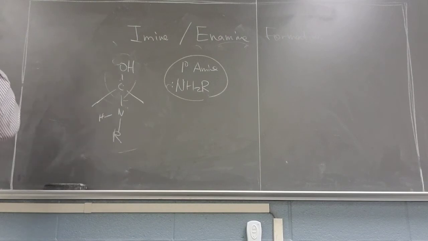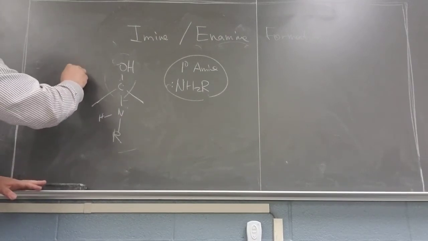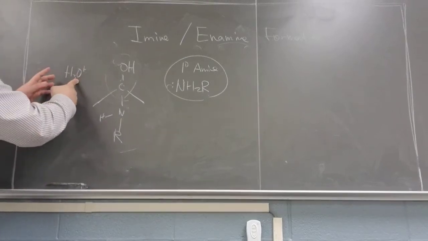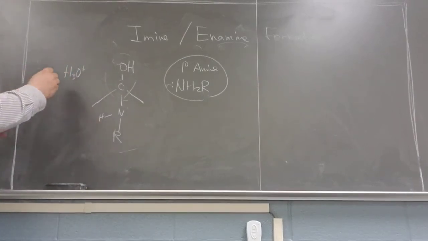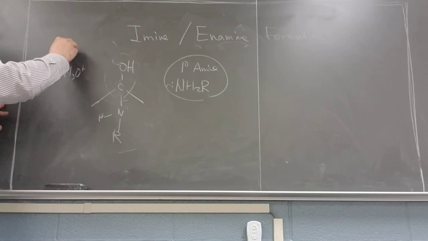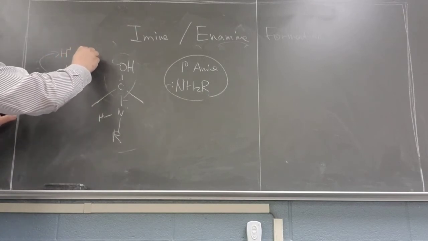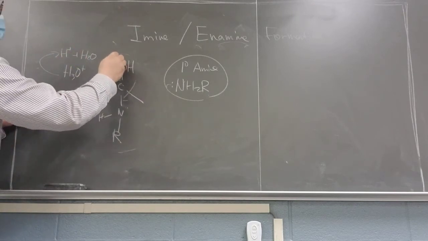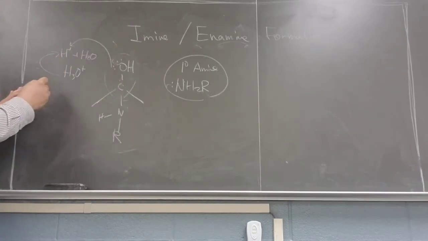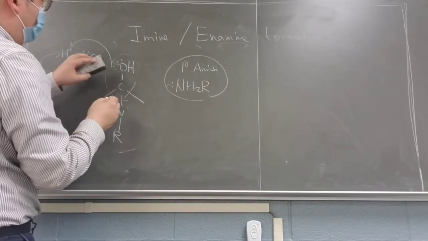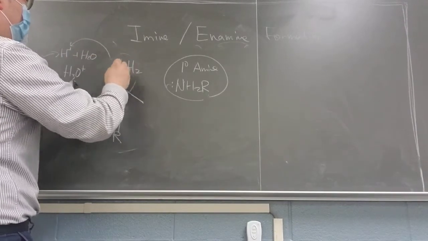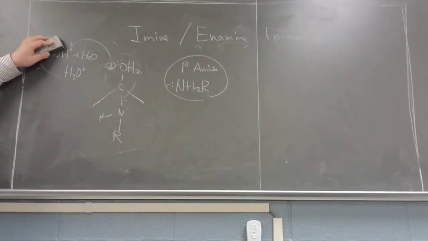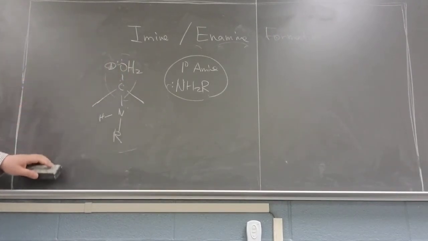And then whenever it is treated with acidic conditions, it grabs, once again, a proton plus water. So it grabs the proton over here, so it becomes water, but it will be positively charged over here.